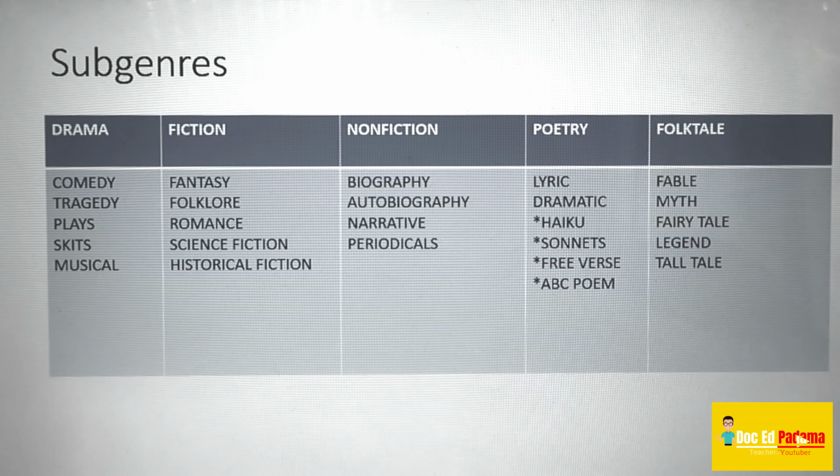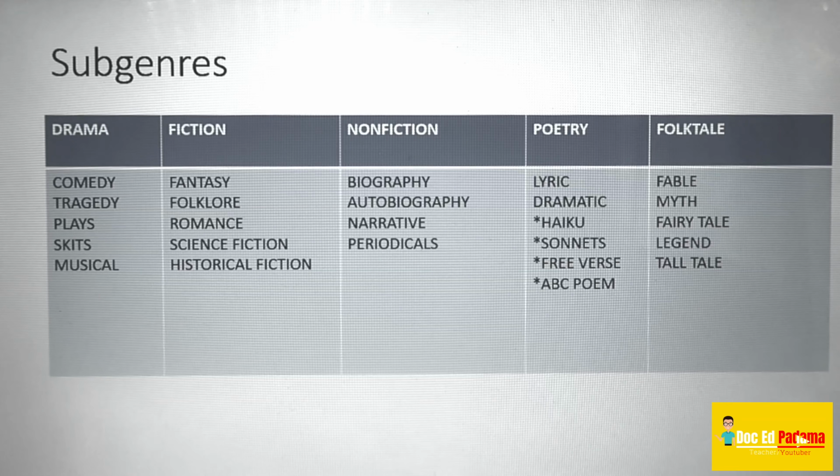So we have discussed the 5 types of literary genre that we will be using for the purpose of standardizing our discussion. We have drama, fiction, non-fiction, poetry, and folktale. So under drama, we have examples but not limited to the following subgenres.